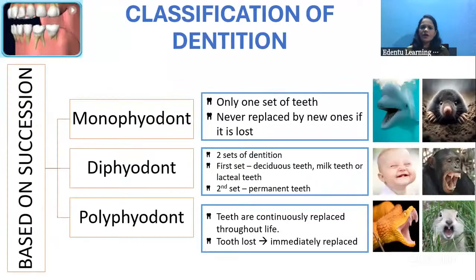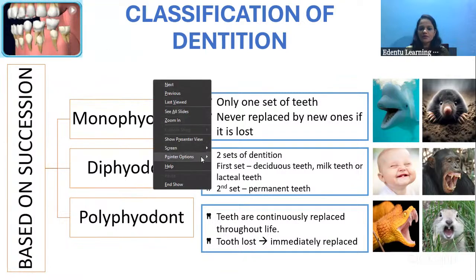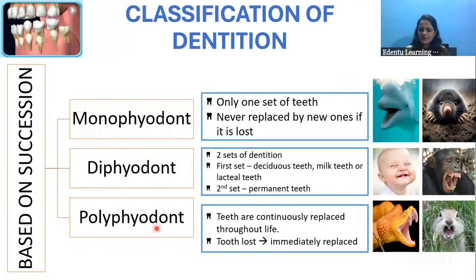If you look at dentition in various animals, dentition meaning the types of dentition, these can be classified based upon succession into three types. The first is monophyodont, the second is diphyodont, and the third is polyphyodont.